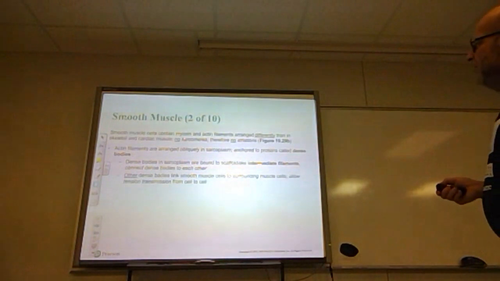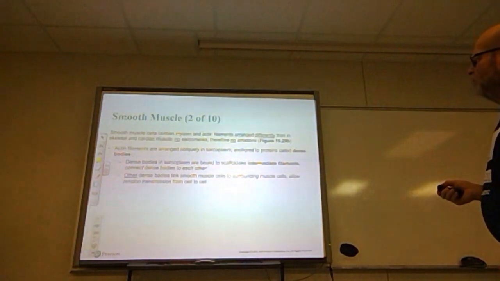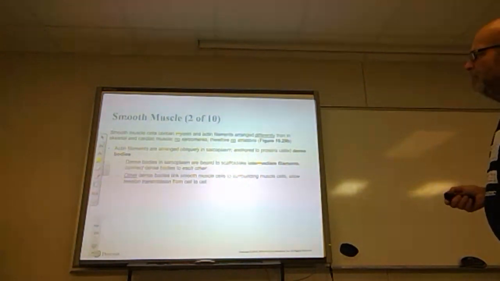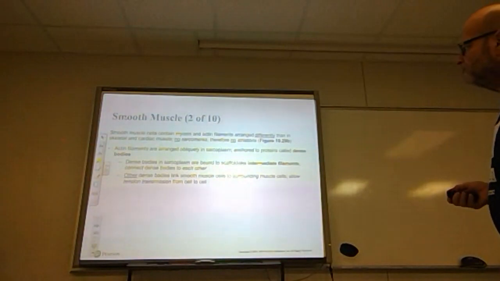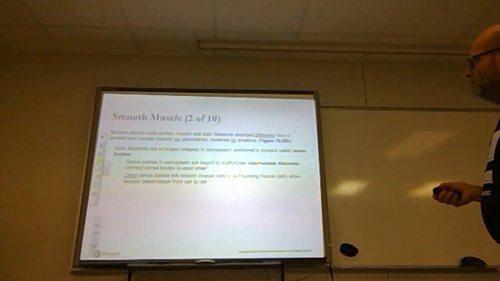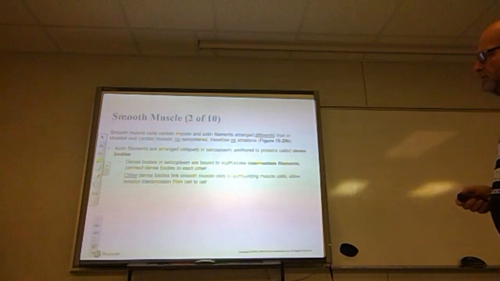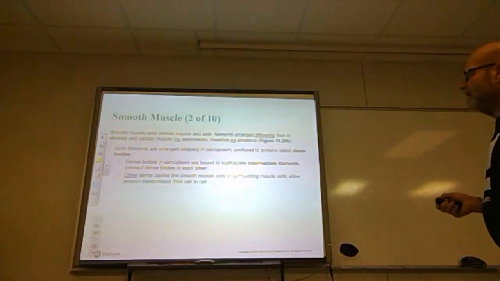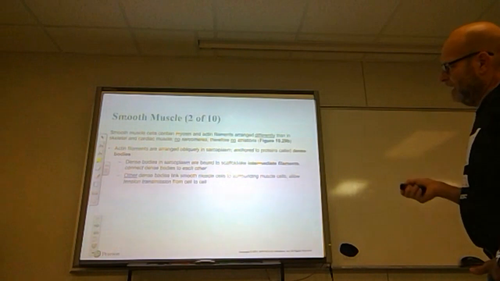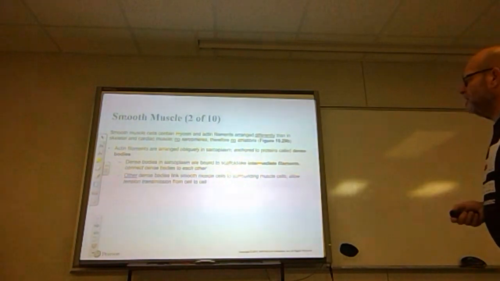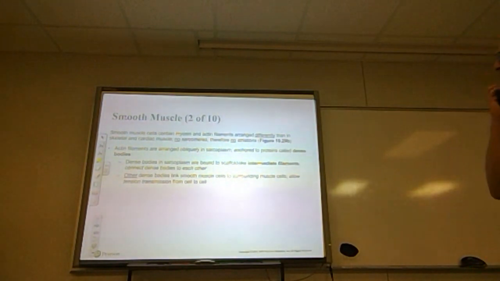Smooth muscle cells contain myosin and actin fibers arranged very differently than those in skeletal and cardiac muscle. There are no sarcomeres. Therefore, there are no striations. Actin filaments are arranged obliquely, that means at an angle, in the sarcoplasm, and they are anchored to proteins called the dense bodies.